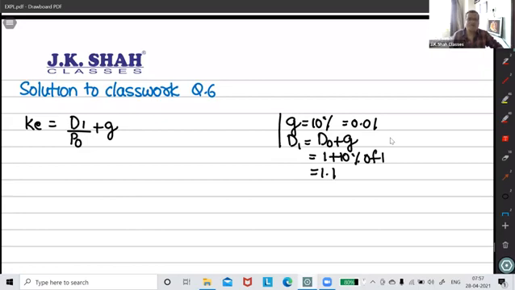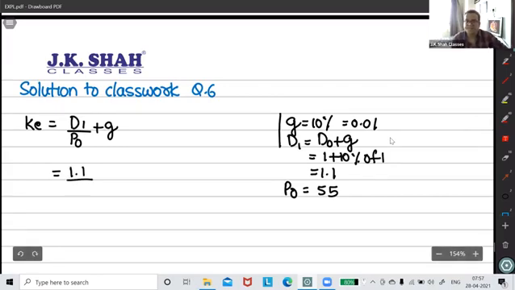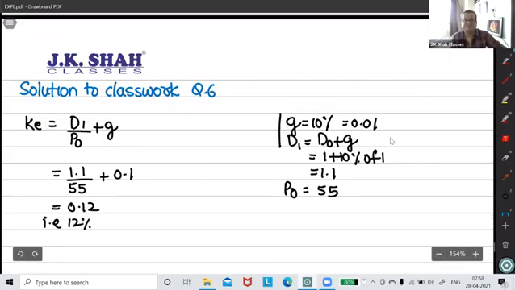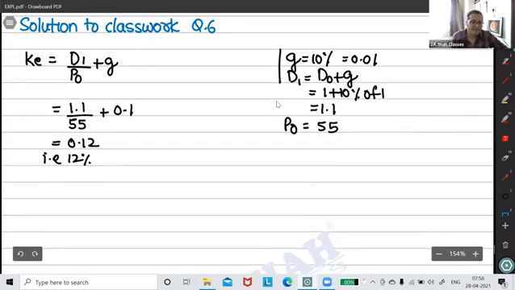So we now know D0, we now know G, we now know D1. And what is P0 given in the question? Market price is 55. Solve it, very simple. So in D1 you will put 1.1, P0 will put 55 plus the expected growth of 0.1. So 1.1 divided by 55, whatever comes, plus 0.1. So it comes to 0.12, that is 12%. Therefore, KE is 12%.